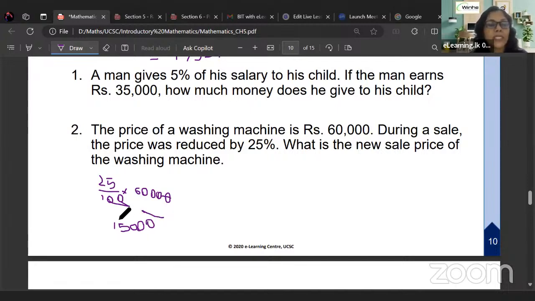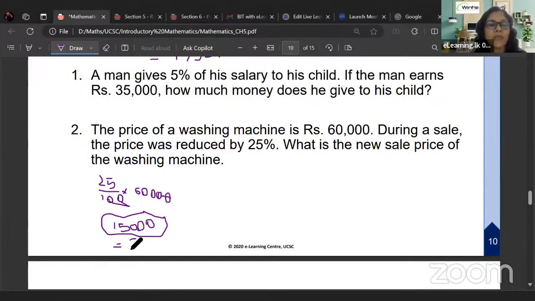Is this the price of the washing machine? This is not the price of the washing machine. This is the amount by which we reduced it. The reduction is 25%, which is 15,000. Then what is the new price of the washing machine?